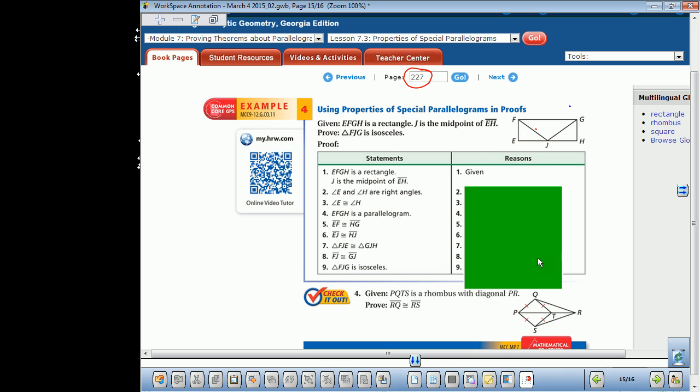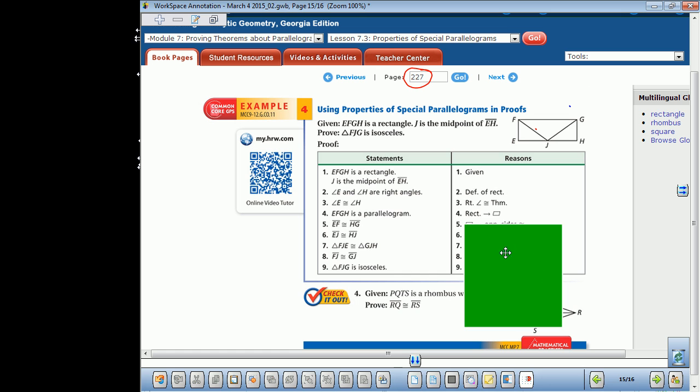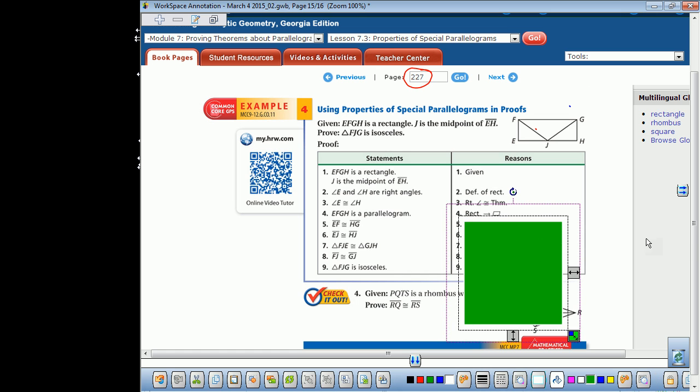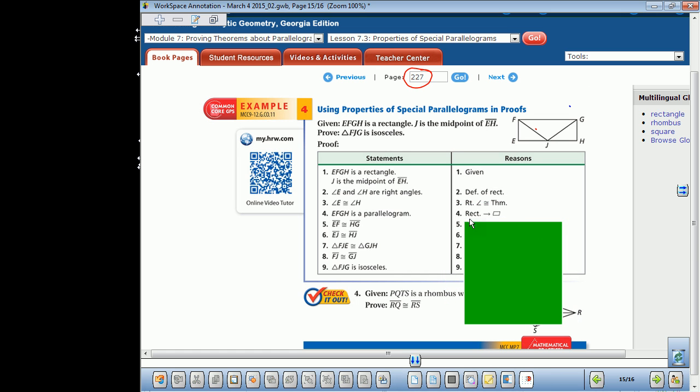So the first one was given. E and H are right angles because that's the definition of a rectangle, right angles. And right angles are congruent, aren't they? Okay, right angles are congruent. EFGH is a parallelogram because all rectangles are parallelograms. And look how they write it, guys. Take the shortcut. Write it like this: all rectangles are parallelograms.